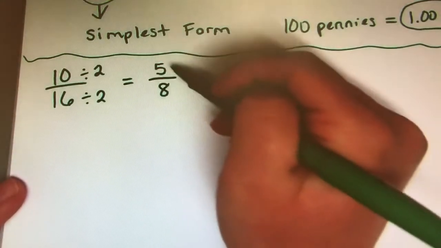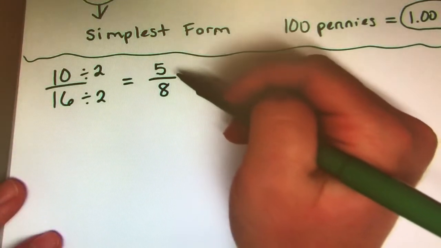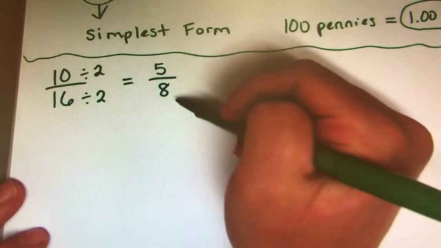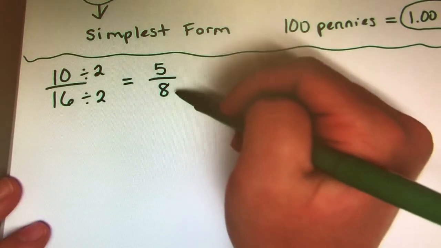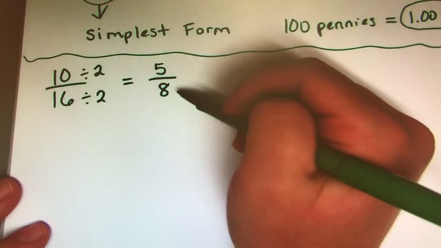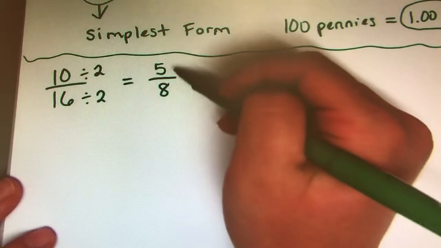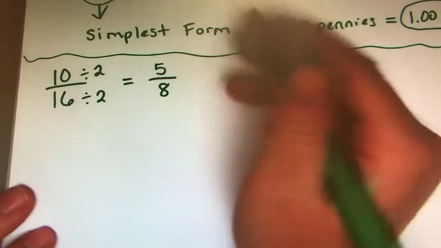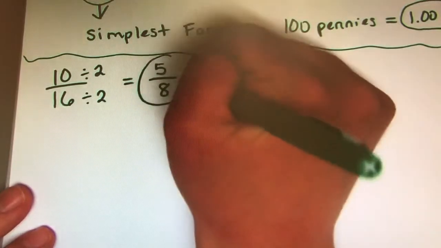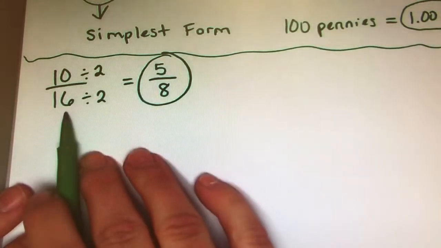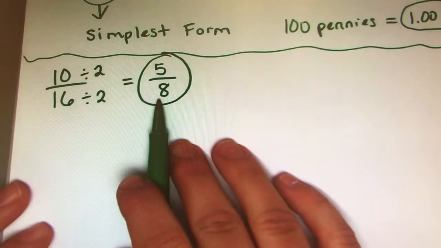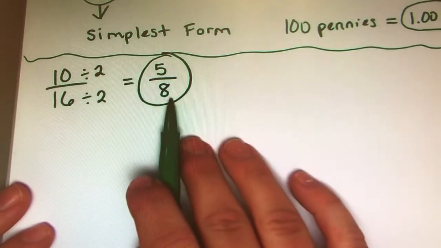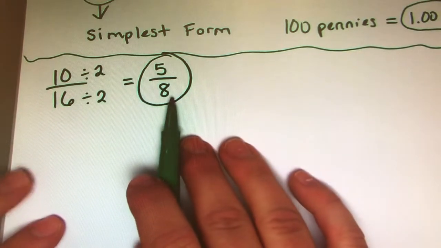And then I check again and look at 5/8. Now if I'm thinking about factors, there's no other number that 5 and 8 can be divided by except the number 1. If the only thing they can both be divided by is a number 1, you're done, because we know if you divide something by 1, it stays the same. So 10/16 is the same thing as 5/8, but 5/8 is itself in simplest form.